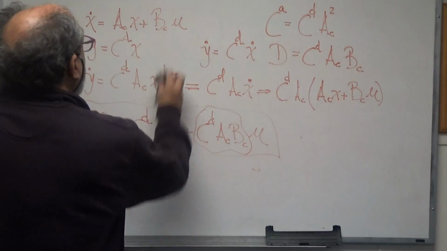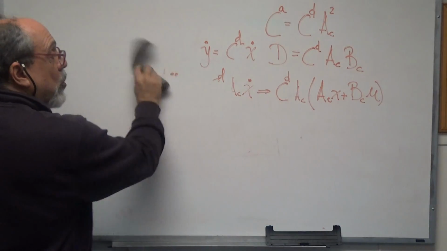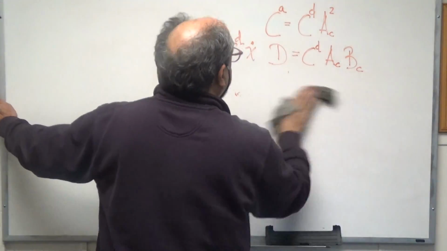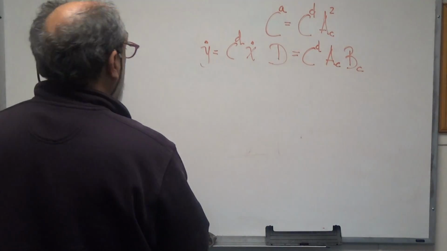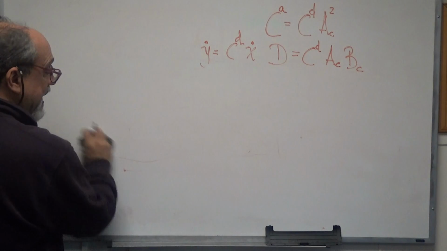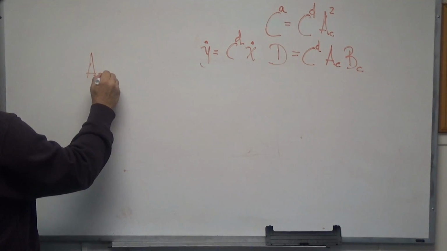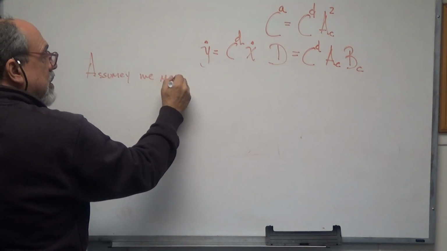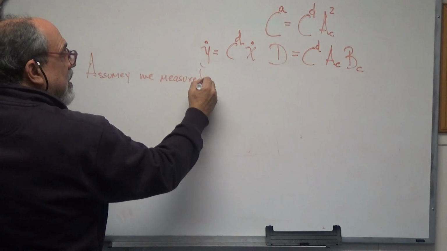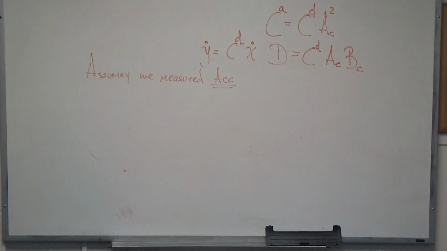So let me clean it up and look at postulated scenarios. Let's say that what we had assumed, okay, let me try to be a little clearer. Assume we measured accelerations.